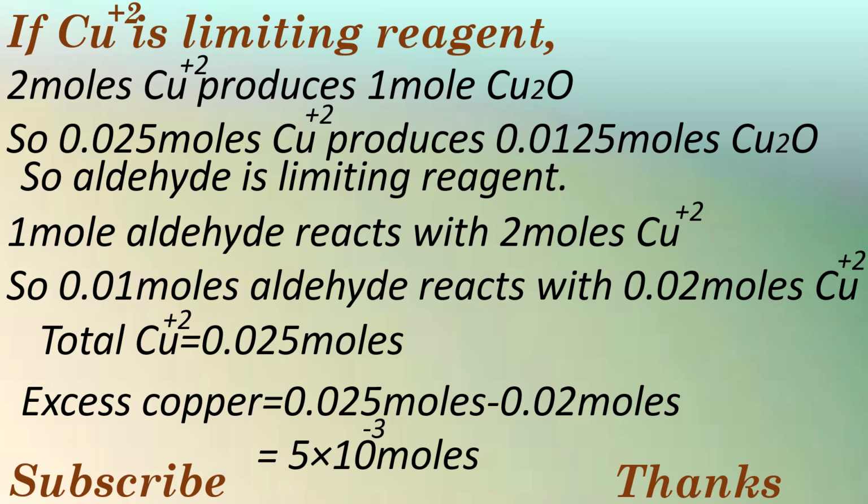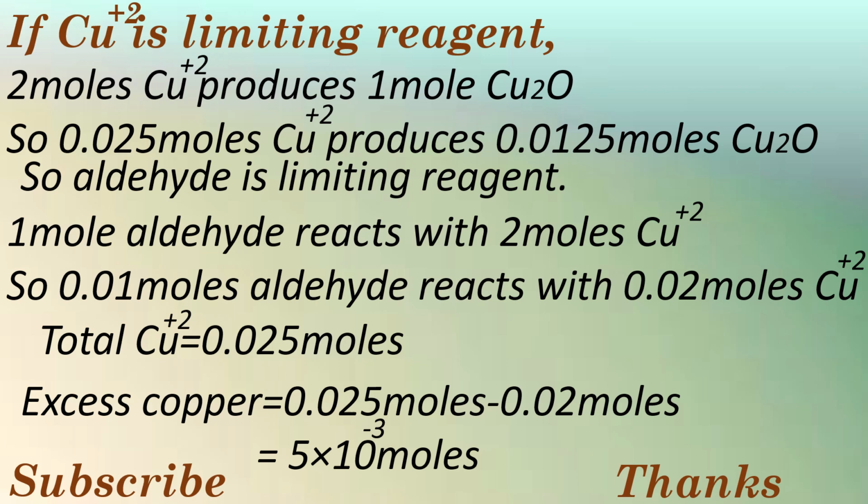So 0.01 moles aldehyde, that I have calculated in previous slide, reacts with 0.02 moles copper plus 2. Because aldehyde is limiting reagent, so we will write its moles. It reacts with 0.02 moles copper plus 2.